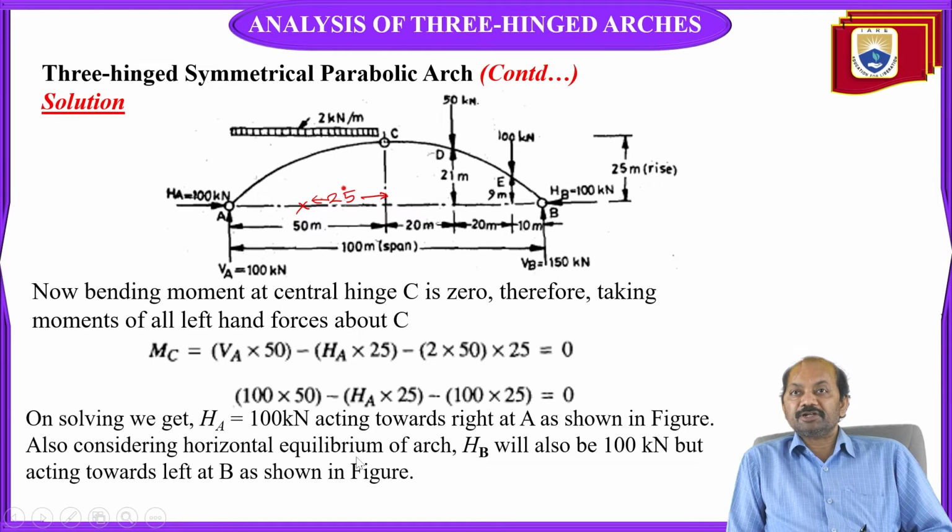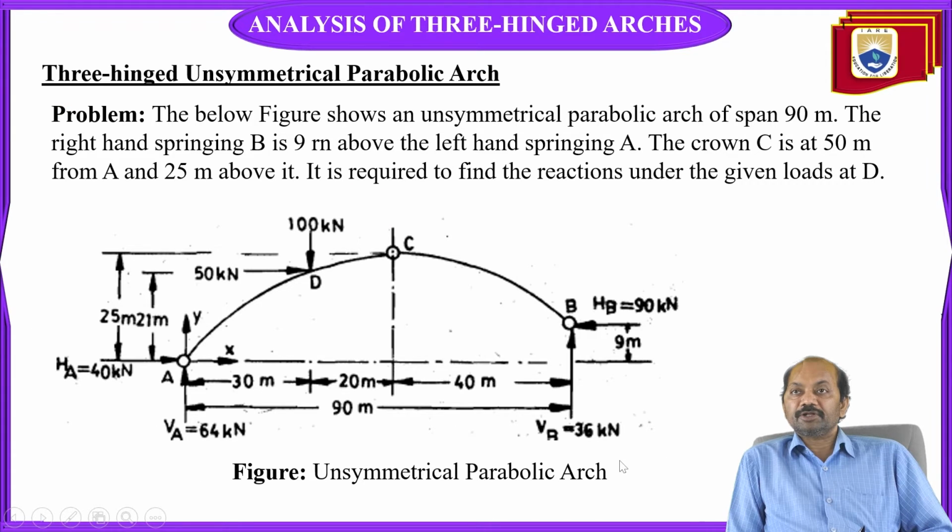Also considering horizontal equilibrium, previously to calculate VA and VB, we considered vertical equilibrium, but for horizontal reactions, we consider horizontal equilibrium of arch, then HB will also be 100 kilonewtons, but acting towards left at B as shown in figure. Okay, that is the problem.